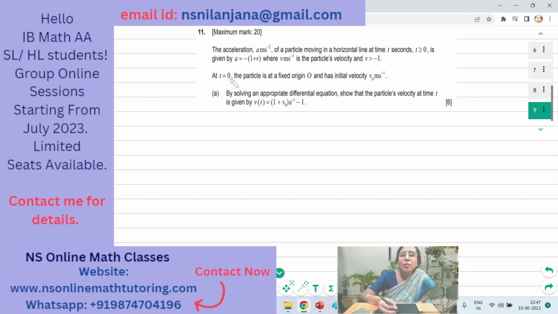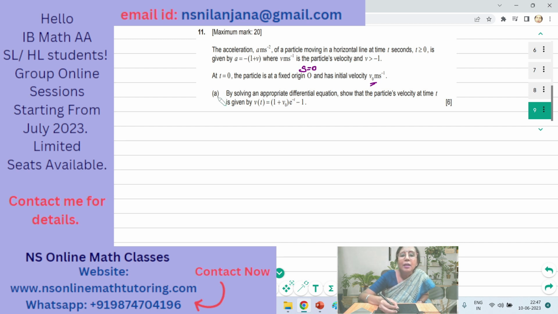At time t equals 0, the particle is at a fixed origin O. That means the displacement at time t equals 0 is equal to 0, and the initial velocity is v0 meter per second.